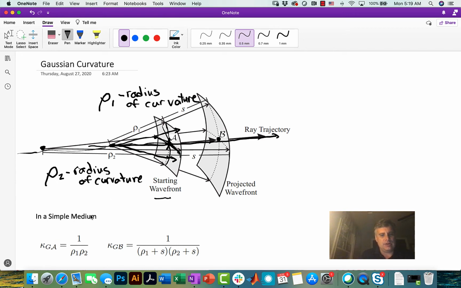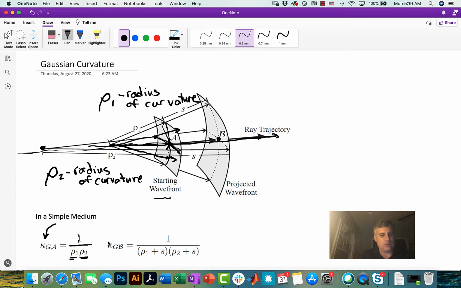And so, the Gaussian curvature, the way that we define it, with this kappa G sub A, Gaussian curvature at point A, is 1 over the radius of curvature, the radii of curvature, in 2 principal orthogonal directions.